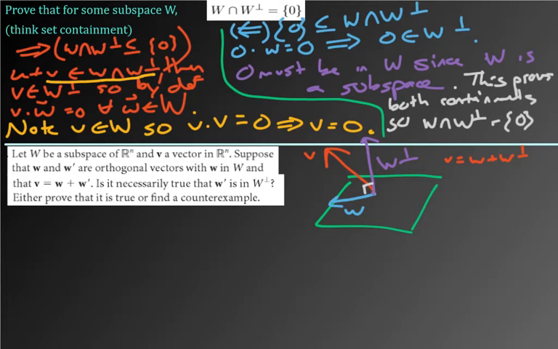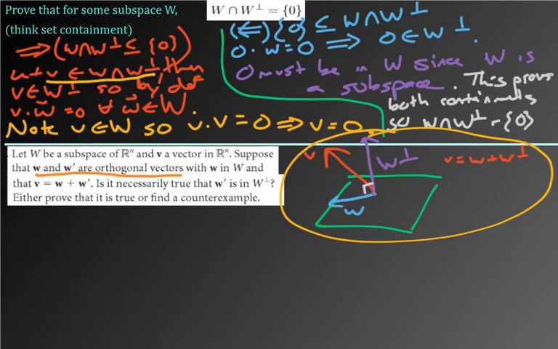All right, so I think I'm going to leave this picture here. I'll reference back to it in a second. So if W and W prime are orthogonal, my brain always goes to the standard basis vectors. So let's draw this picture.